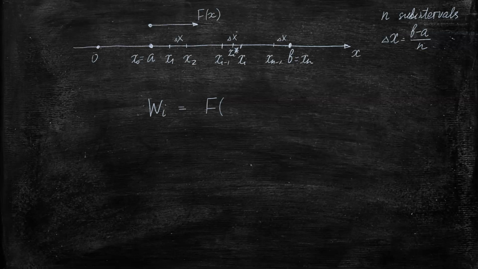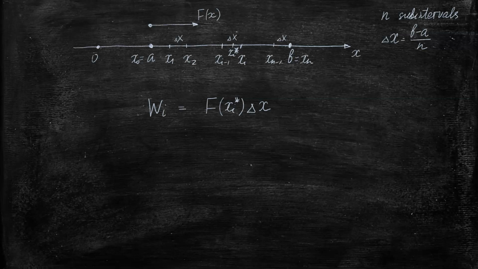Because that interval is so small, it doesn't matter which point we pick, but we do have to calculate that force on that interval, and it is multiplied by the displacement, but displacement is delta x. So this is the work done on each subinterval.